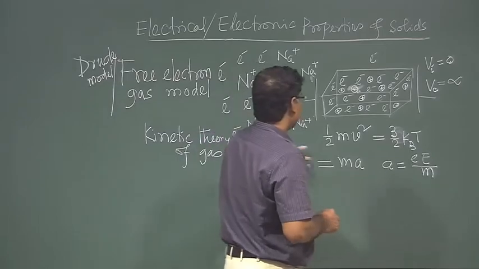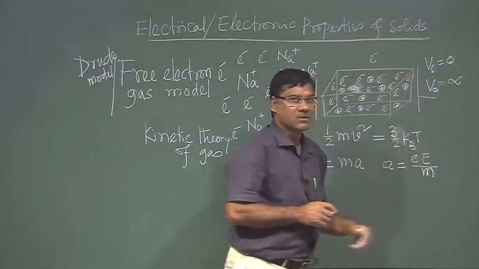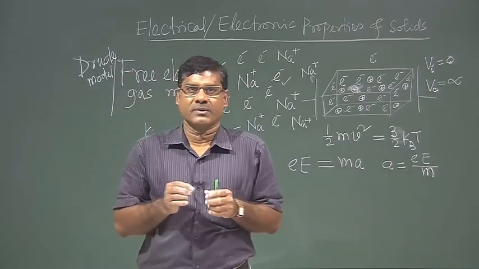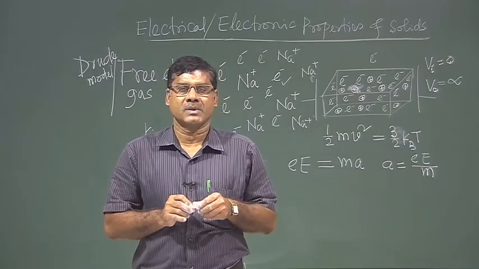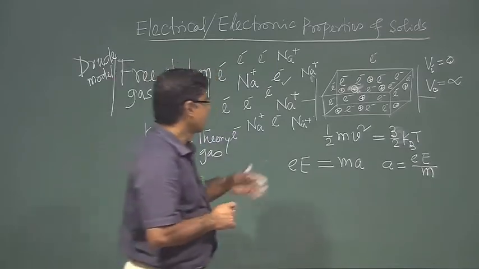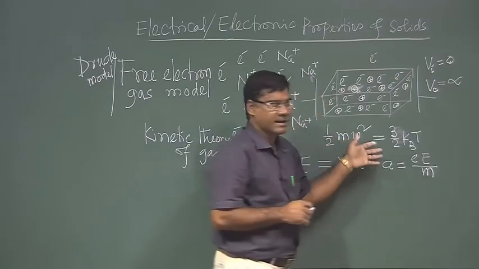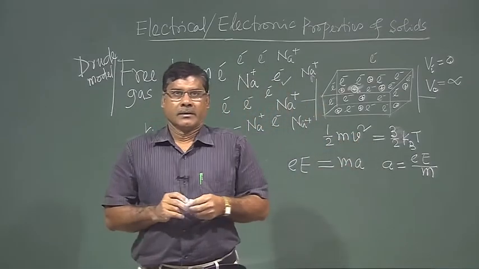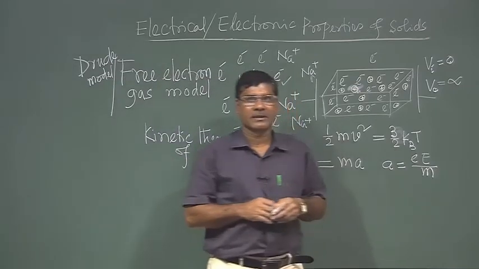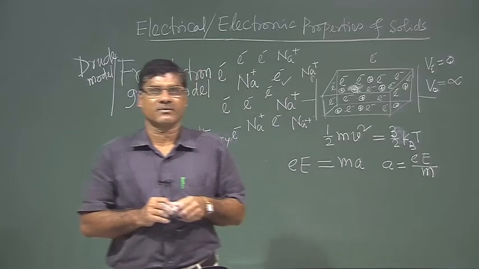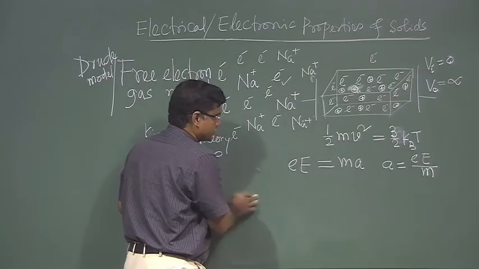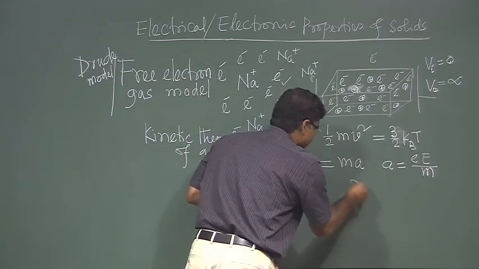Now, because of this force they will move, and when they move there will be some collision, although the collisions are very few in number. That we express in terms of the mean free path, lambda.